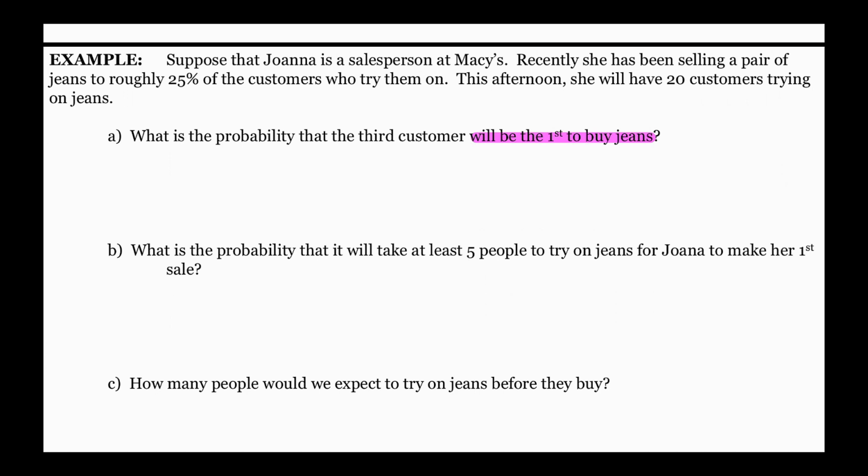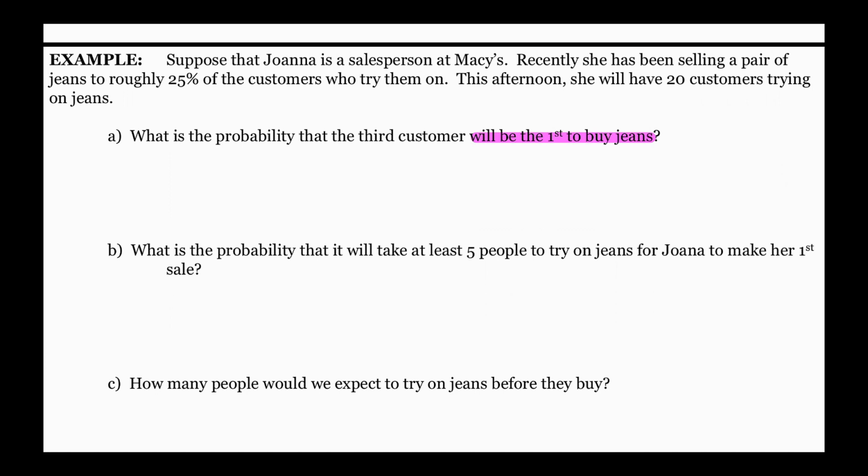On the test, I'm going to give you a problem like this, and part A might be normal distribution, part B might be binomial distribution, part C might be a geometric distribution. You're going to have to figure out, okay, this one is normal distribution, so I'm going to make my curve, sketch it, do all that stuff. This one's binomial, I'm going to do binomial. The last one is geometric, so I'm going to do geometric, right? I want to be able to tell if you know the difference. So again, you're looking for little clues as to which step I'm going to take.